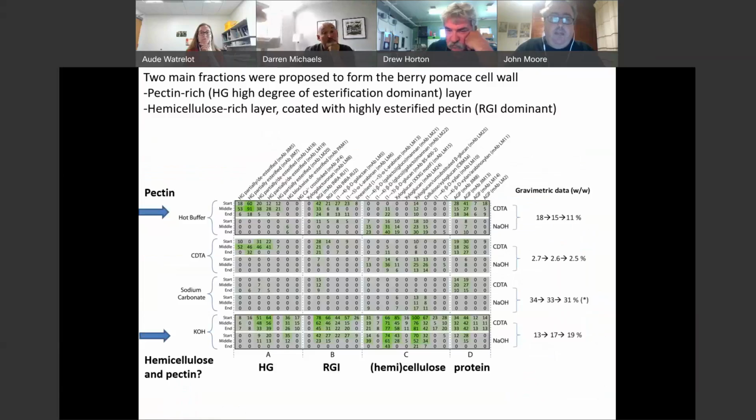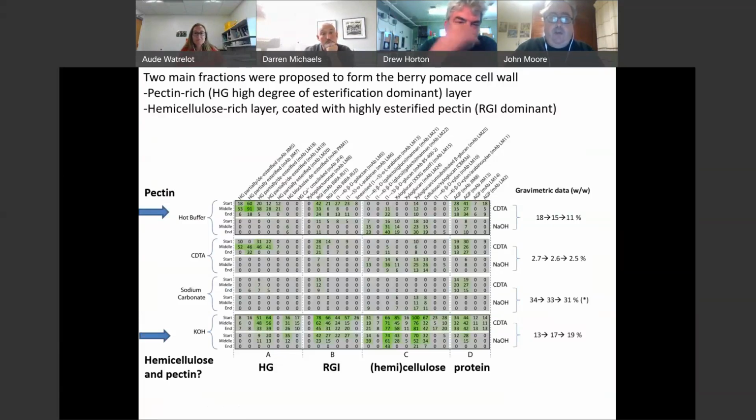So this is quite a complicated heat map that we got out, but the main idea is that we fractionate using different agents, hot buffer, CDTA, sodium carbonate, and KOH, at different points in the fermentation. So at the start, the middle, and the end of the fermentation, and then using different extractant solutions, CDTA and sodium hydroxide.